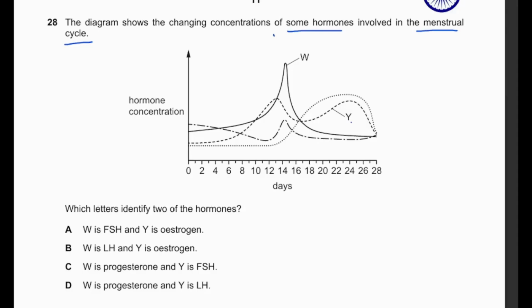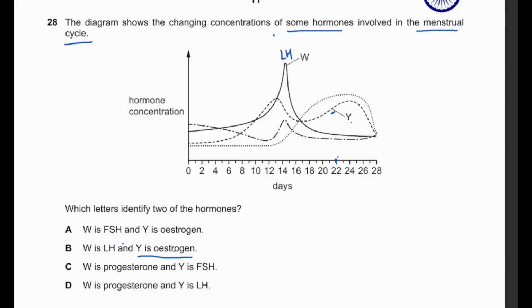W is FSH and Y is an estrogen. Oh, estrogen doesn't have that increased peak here at these days. That is involved in the menstrual cycle. Okay, on this particular 22 day. W is LH and Y is an estrogen. This is luteinizing hormone.